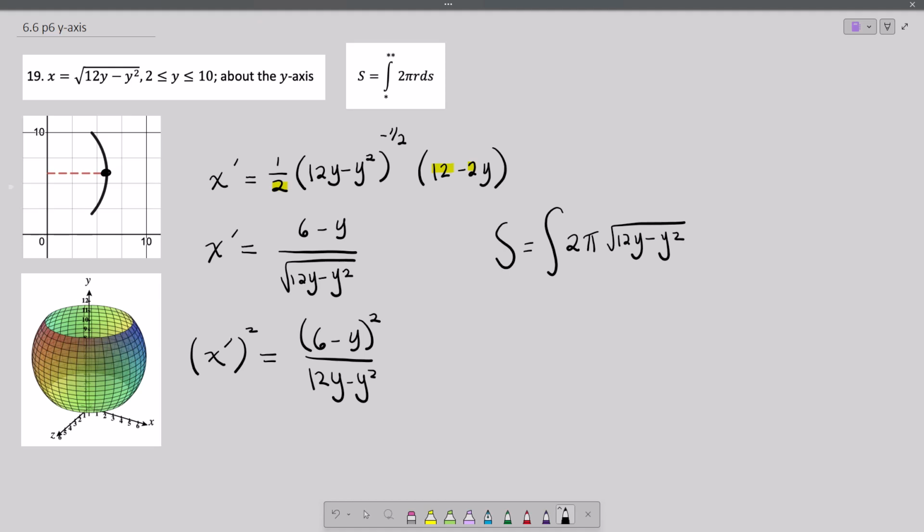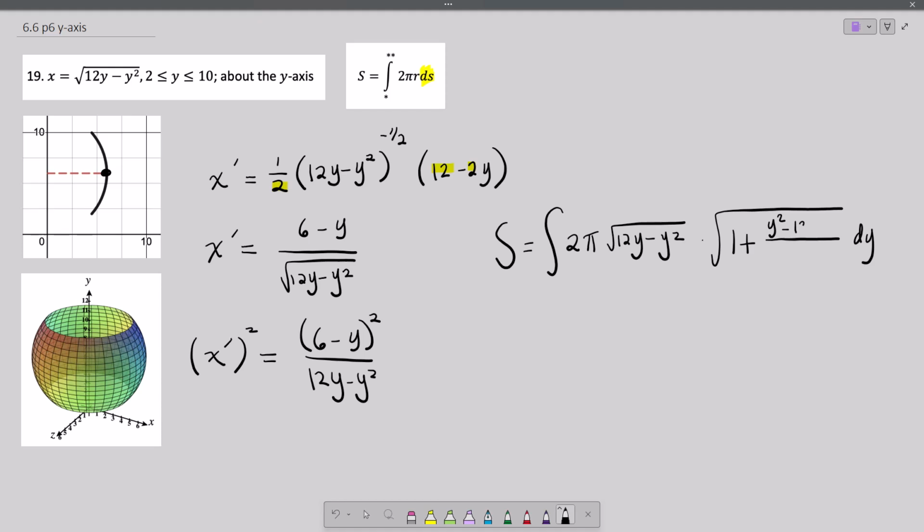And then we multiply by ds, but ds is no good to us, so we have to do the conversion over to dx or dy, in this case to dy. So it's going to be 1 plus the derivative squared, which we did over here. I'm going to FOIL out the numerator because we're going to need to simplify this.